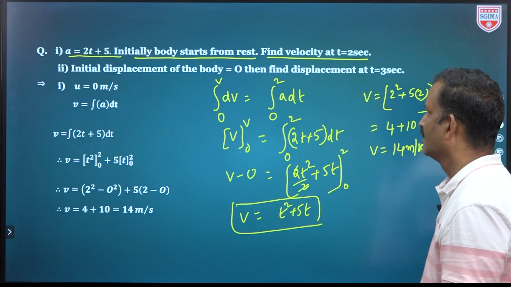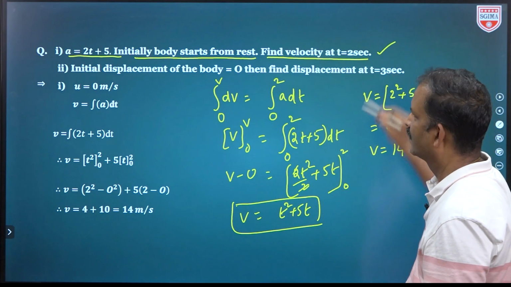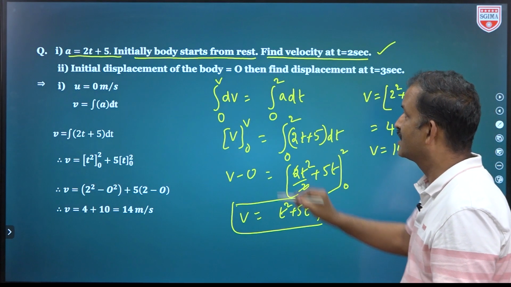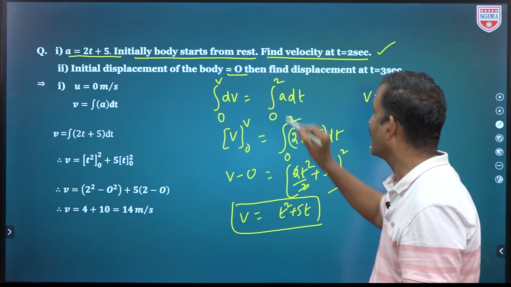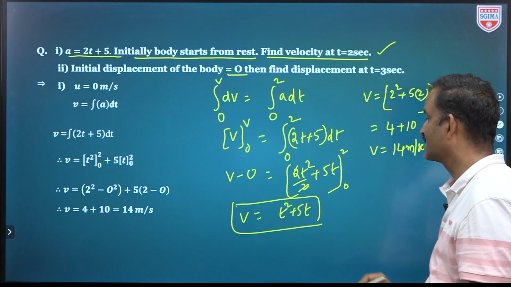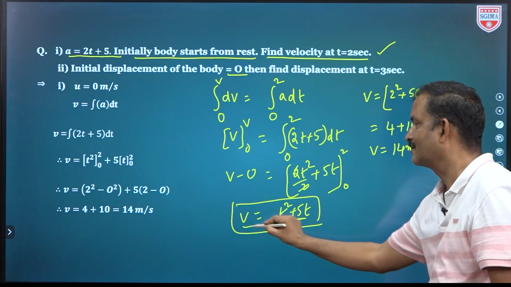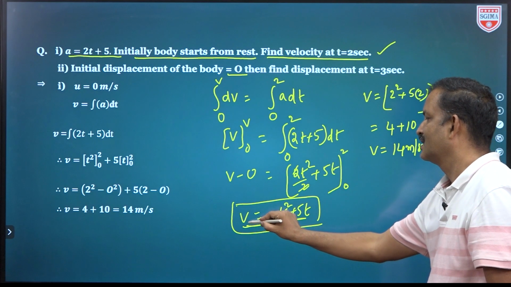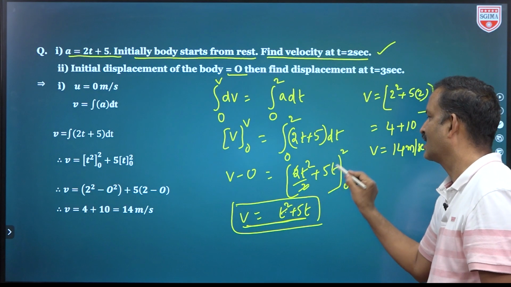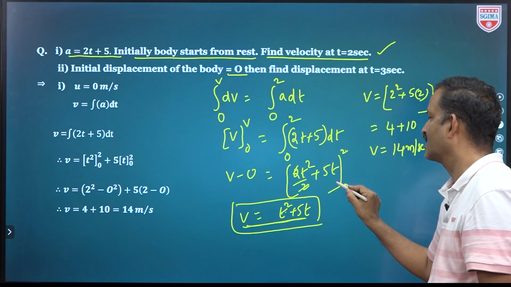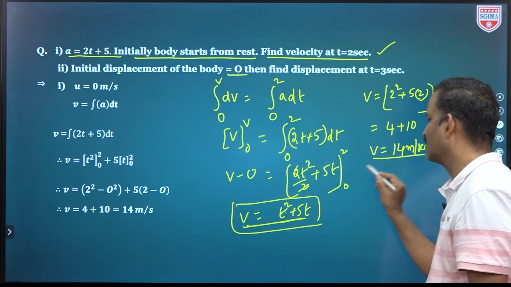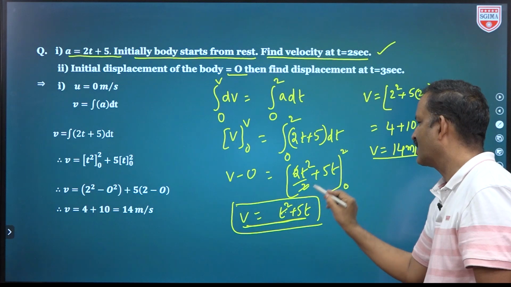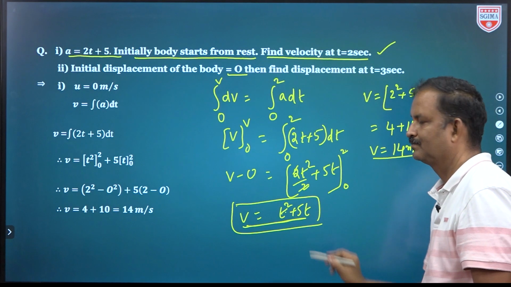Okay. Similarly, initial displacement of the body is 0, then find the displacement at t equal to 3 seconds. You know this is the velocity as a function of t. After applying limits, you will get the velocity value, but initially without applying limits, this is the velocity.